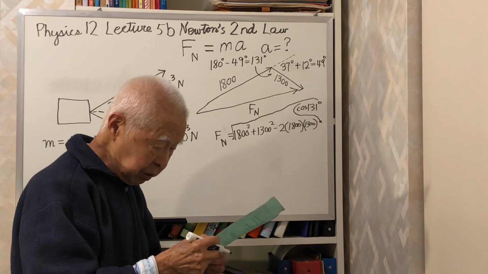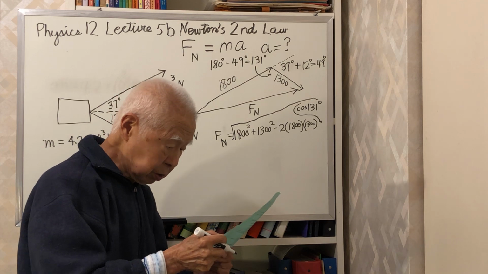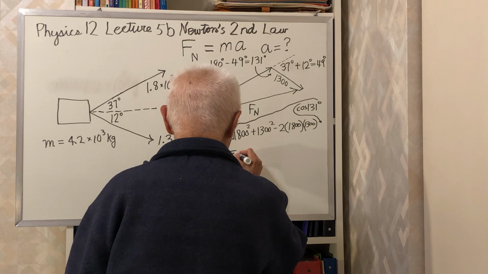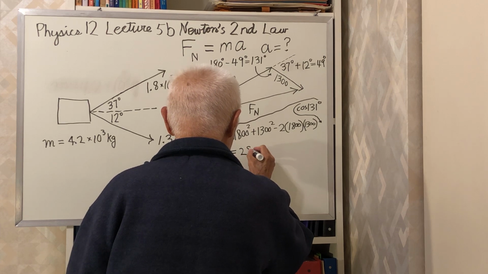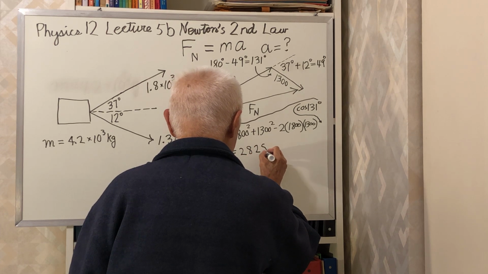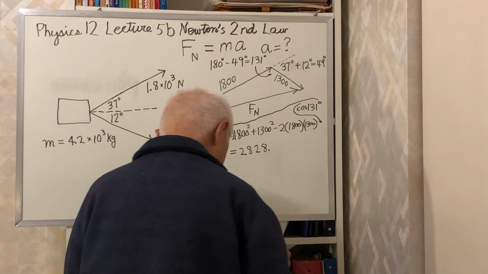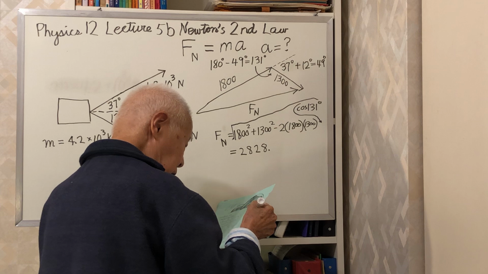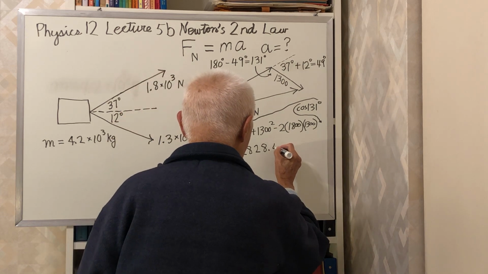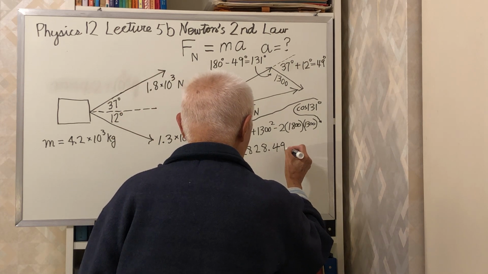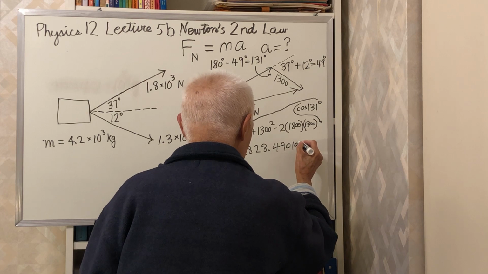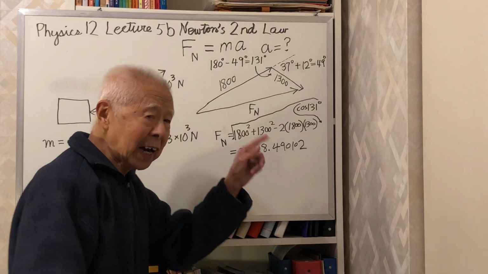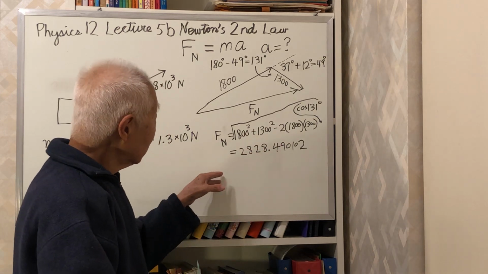So Fnet is equal to 2828 point something.